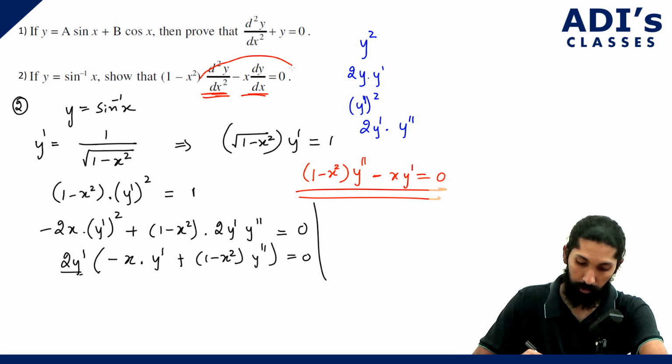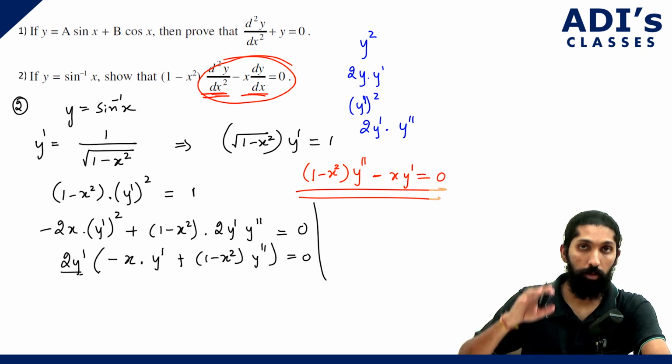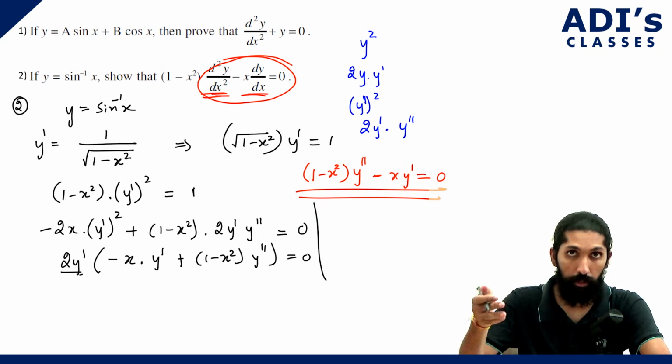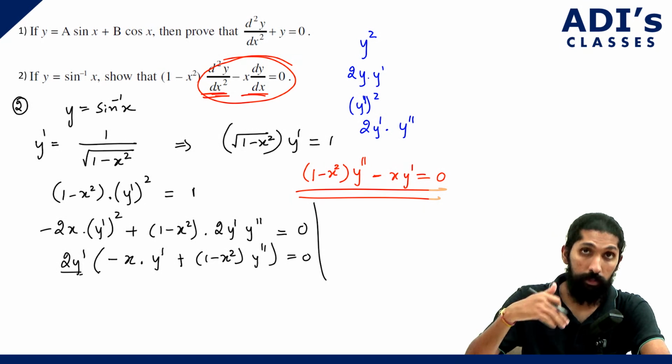Don't you think that's what you're trying to prove here? That's all there is. So you cross multiply, square it, you will get the answer. Well and good. Fine. Let's do the next one.